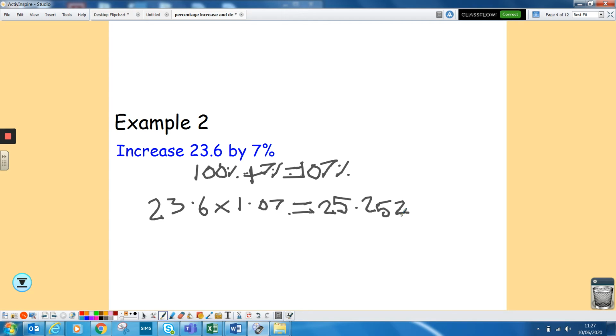And there you go. If we did that without a calculator, finding 7% of this number would be quite difficult. So using this method, it's one calculation, nice and easy, hopefully.